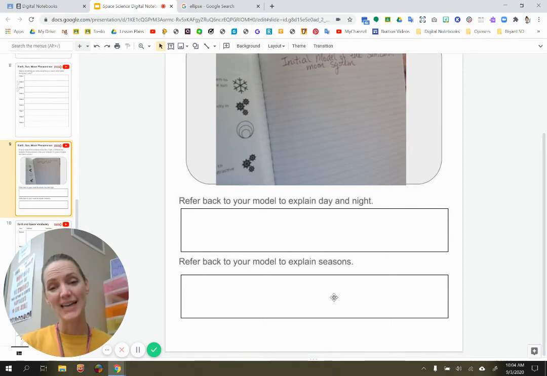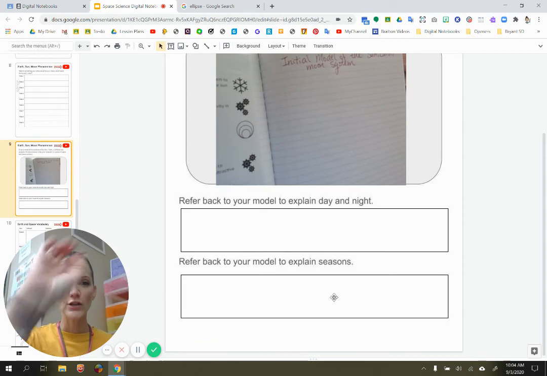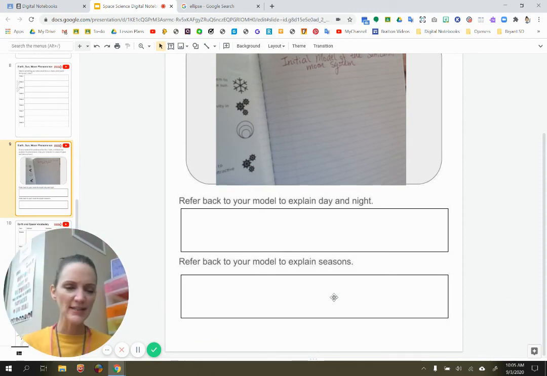Or you can say, ooh, I didn't have this in my model, but I know that this and this happens, and that's why we have day and night. And your third option is, I don't have that in my model because I don't know yet. Hopefully I will learn soon. So include your model. If you can explain day and night with your model or with your mind, awesome. If not, tell me what you need to know.